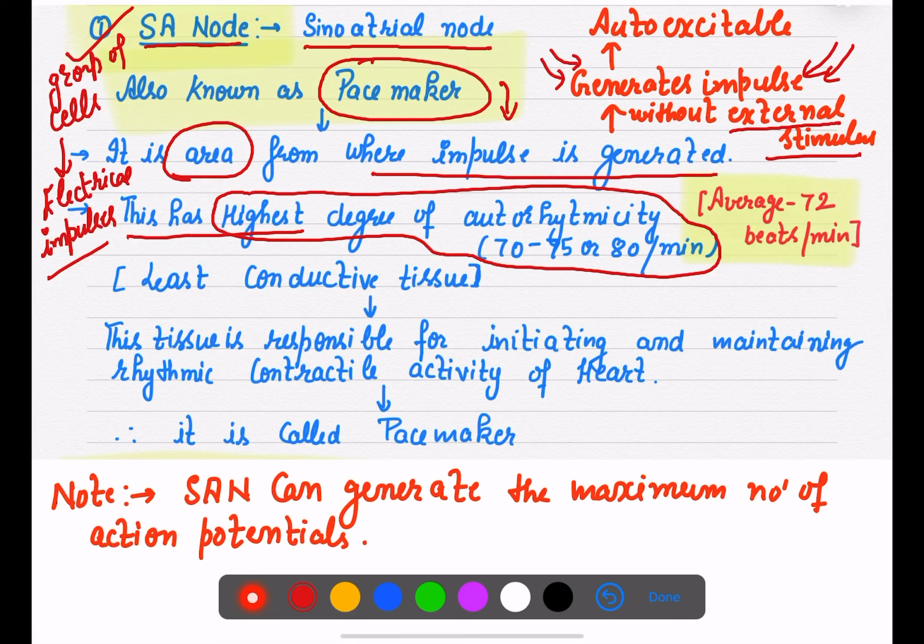अपने आप इसमें electrical impulses generate होती हैं. This group of cells gets activated, generates impulses, and that is why they are auto excitable. They do not need any external stimulus to activate them.